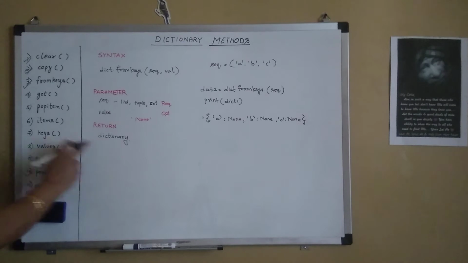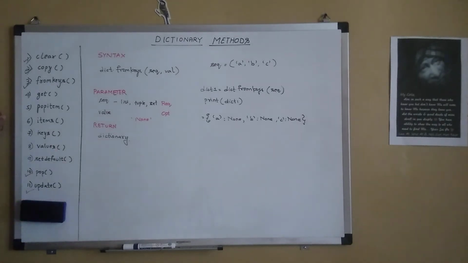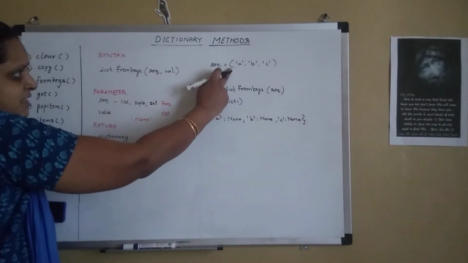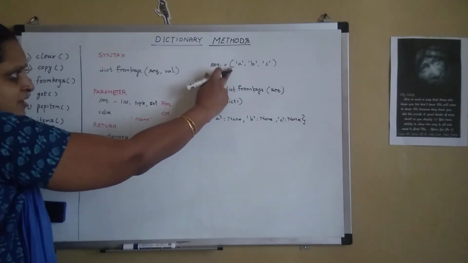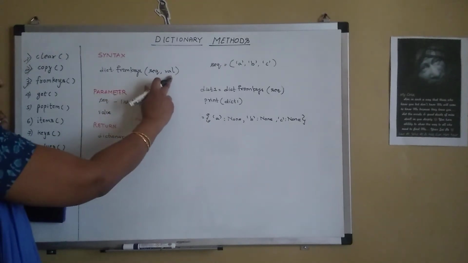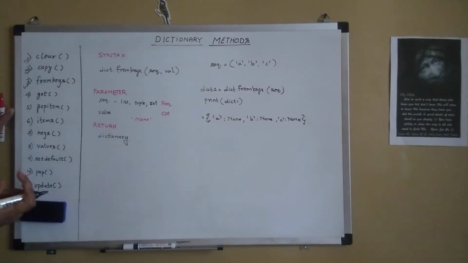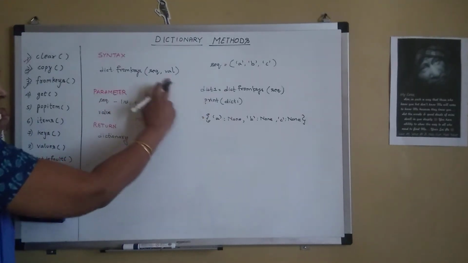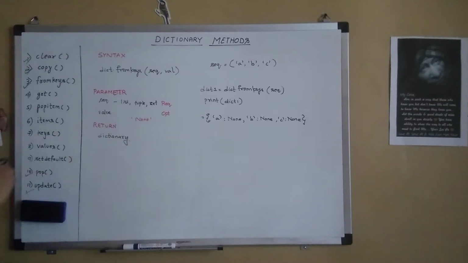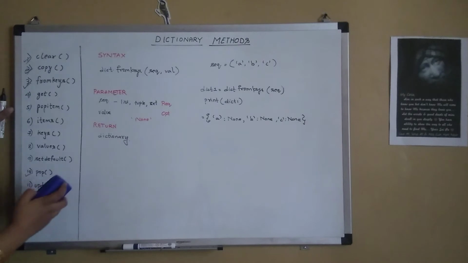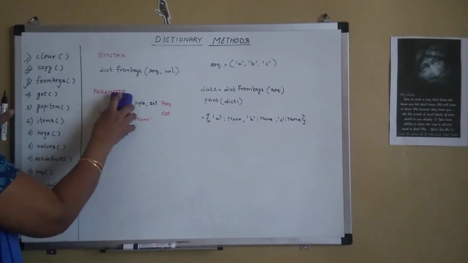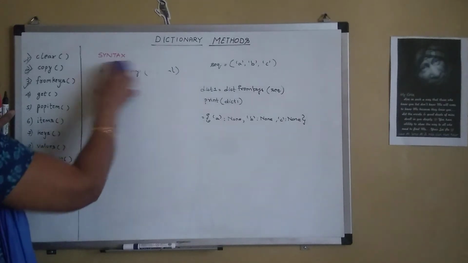So we are passing a sequence of keys. It can be in a tuple format or a list format or a set format. And we can pass the value or we need not. If we pass it, it will consider that particular value. If we don't pass, it will consider None as the value. And it will create a dictionary and return that particular dictionary. So this is how fromkeys works in Python.